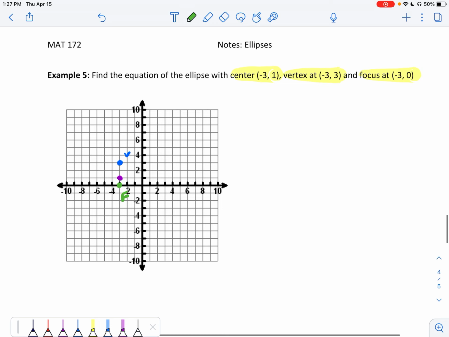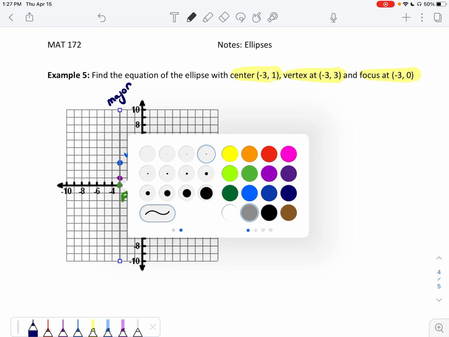All right, so the first thing that I can tell looking at this is that all of this information is oriented vertically, which means that our major axis is vertical in this case.